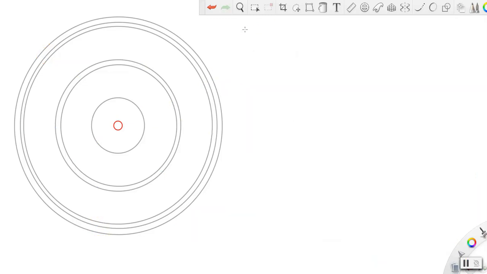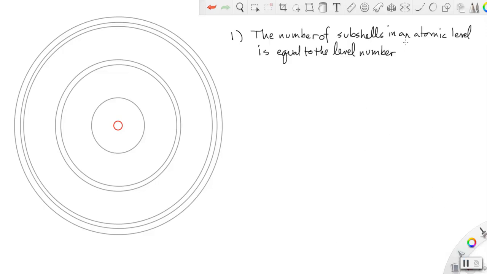Okay, let's do our summary. Essentially, I want you to be aware, first of all, that the number of subshells in a particular atomic level is equal to the atomic level. So, in other words, if you have n equals 3, then it has 3 subshells, right?